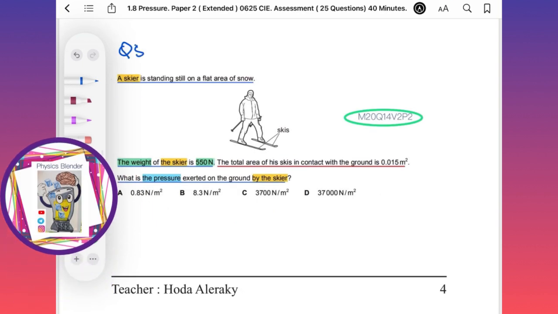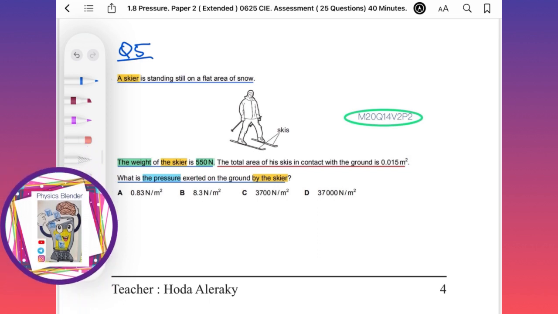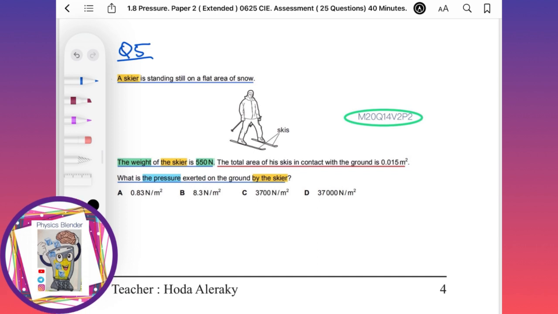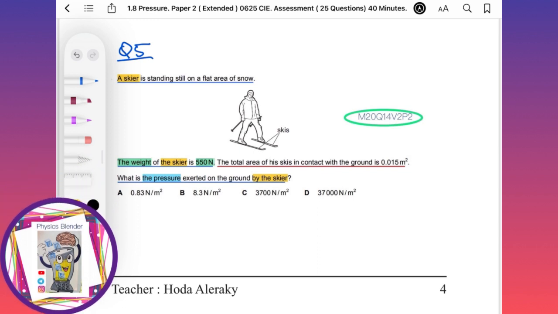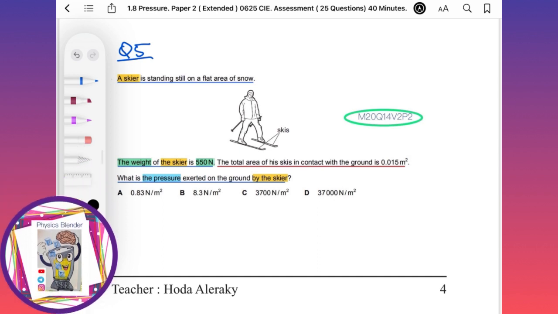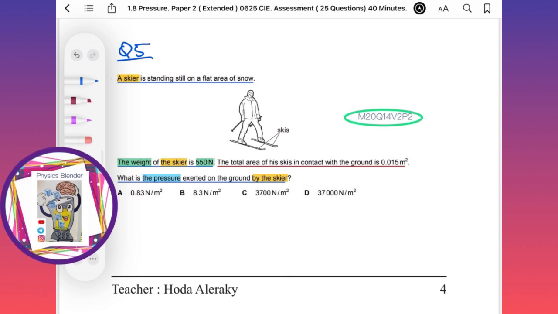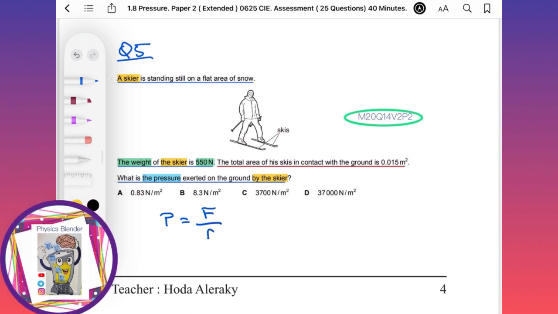Question 5, we have a skier standing still on a flat area of snow. The weight is given, and the total area in contact with the ground is given. What is the pressure exerted on the ground by the skier? Here, you simply have to substitute by applying the equation. Pressure is equal to applied force divided by area of contact.